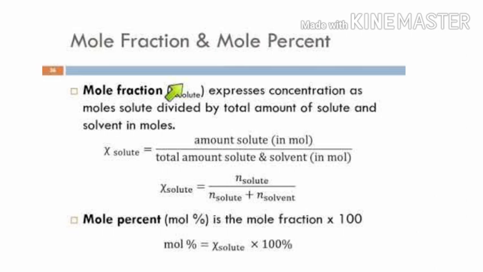Let us suppose that a binary solution is made up of two components, capital A and capital B. If we want to express the mole fraction in terms of A, we can say that the mole fraction of A is the ratio of the number of moles of the component A to the total number of moles of the solution. So mole fraction is the ratio of the number of moles of one component to the total number of moles of the solution.